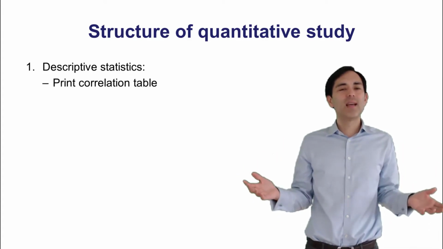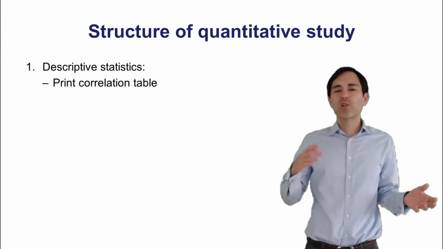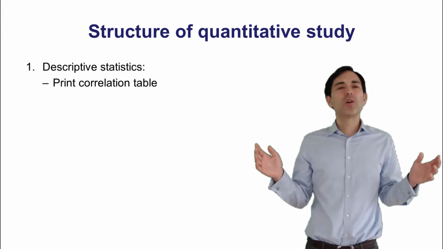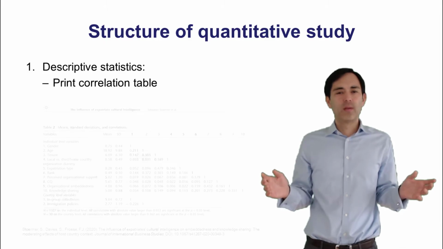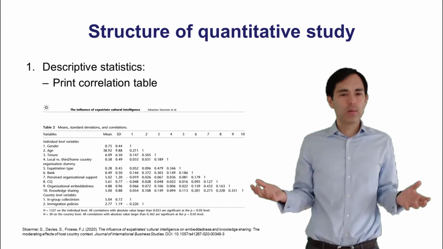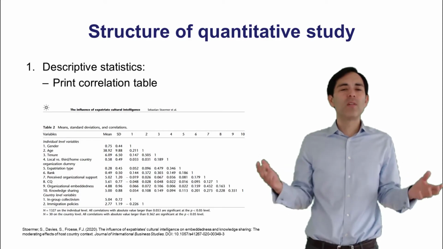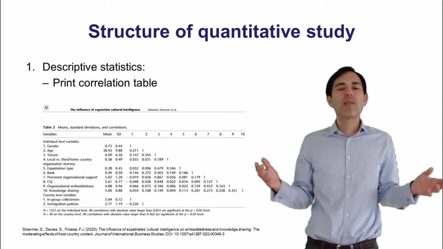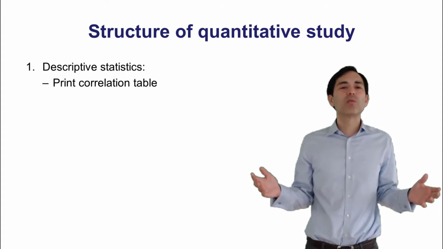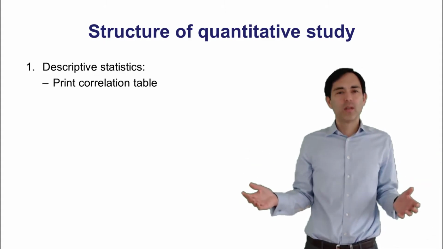If you analyze data, you run regression, structural equation modeling or whatever it is, usually you put certain variables in relation. And an expectation is that you present a correlation table, including also maybe mean values, standard deviations, and then of course the correlations. If you have scales, you would also include Cronbach's alpha there.